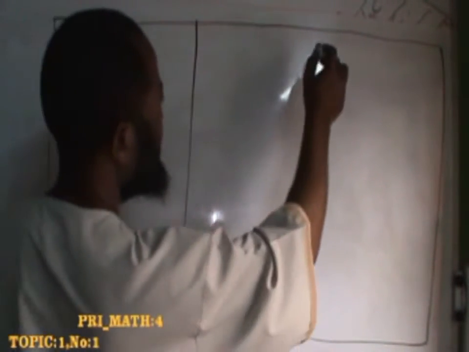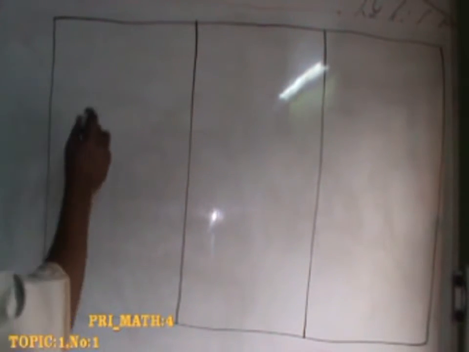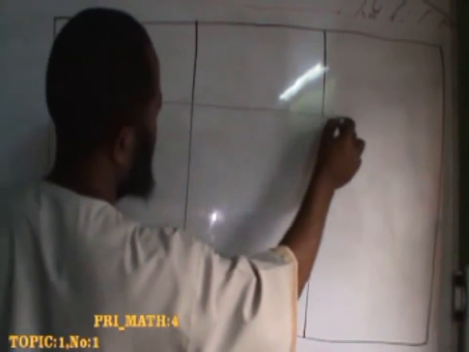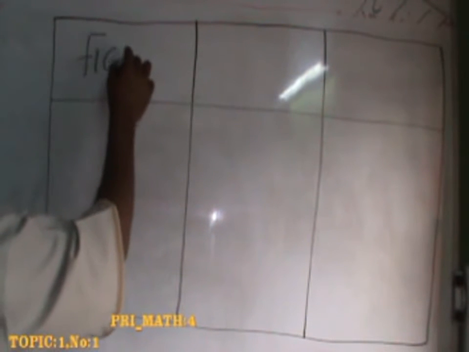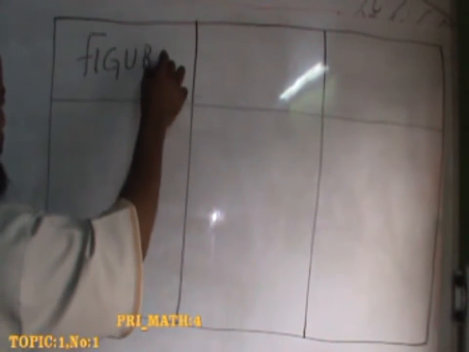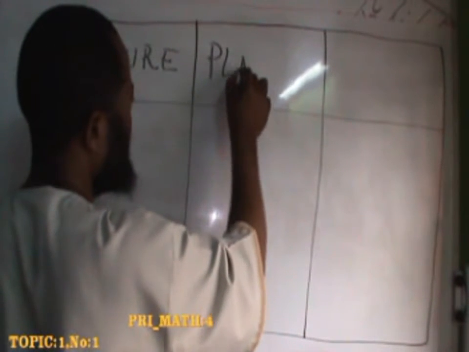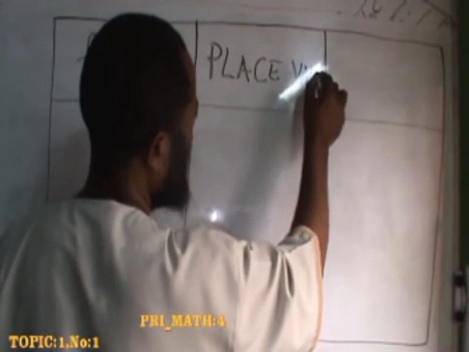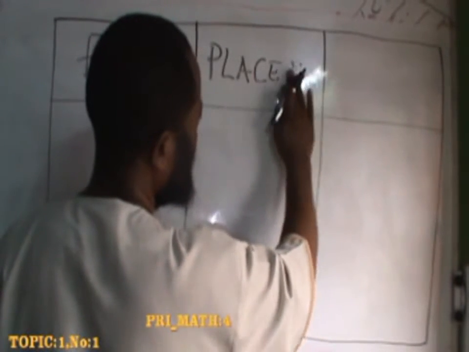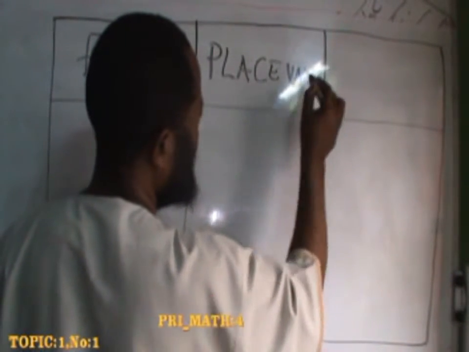We divide it into 3 pieces. This first piece will be for figure. And this one will be for place value.